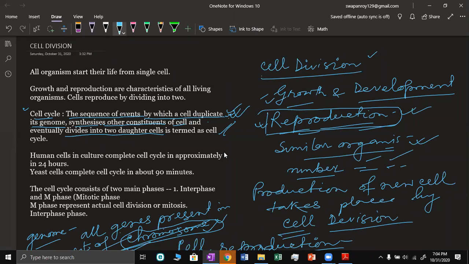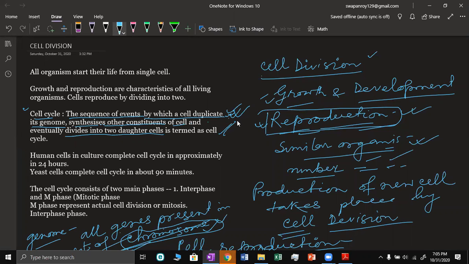So in a cell cycle, when the cell originates by cell division, it will first synthesize material within the cell, so the cell will grow in size. After that, they prepare themselves for the next division.